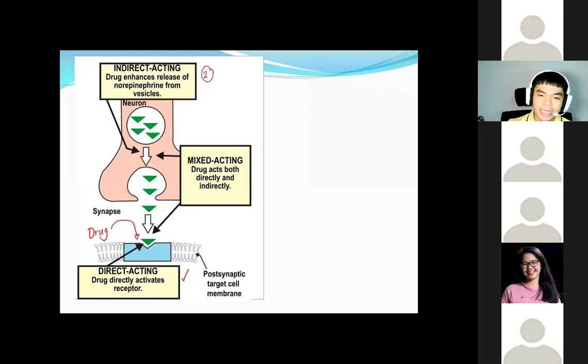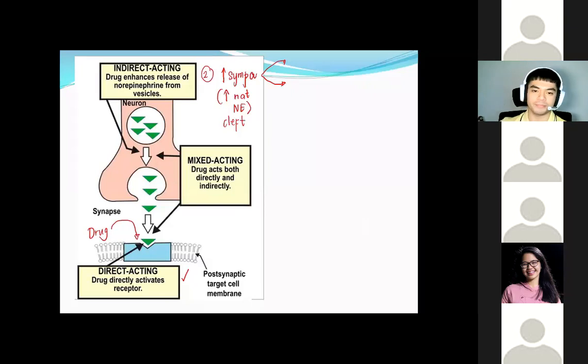So when we say indirect acting mimetics, these are the drugs that can enhance sympathetic effects. Again, these agents can enhance sympathetic effects by enhancing the amount of natural norepinephrine available for binding. Again, pag sinabi nating indirect acting, these are the drugs that can enhance the level of natural norepinephrine in the synaptic cleft.